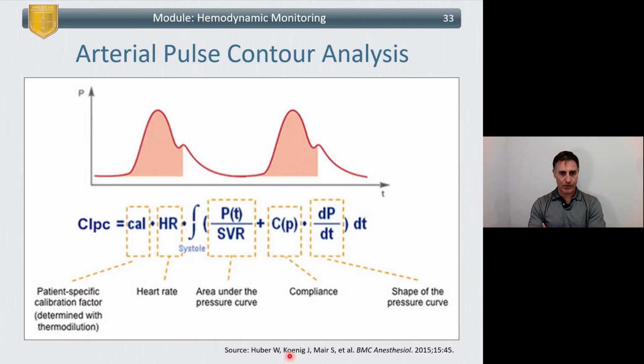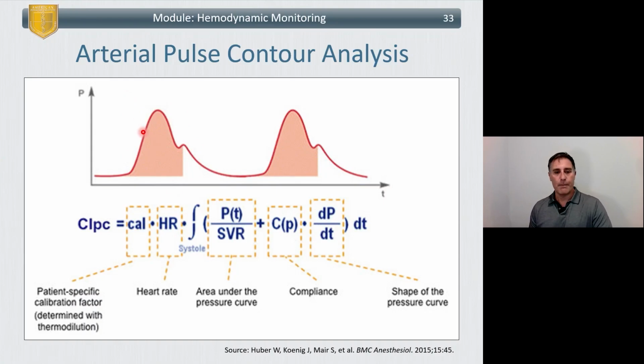And so there are inaccuracies with technology, but generally speaking, if you have a good, adequately dampened arterial waveform, so that's the first requirement, the initial part of the arterial waveform upstroke is an estimate of the cardiac output of the aorta. This part of it essentially looks like the aortic blood flow. And so the area under the curve of that is then what the cardiac output is.